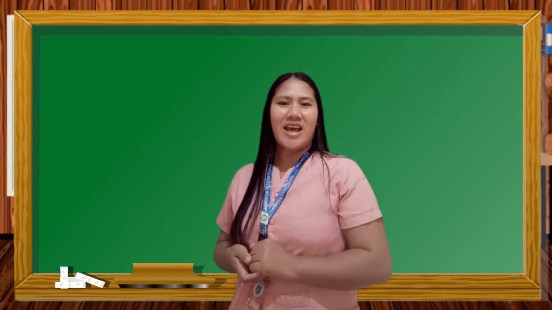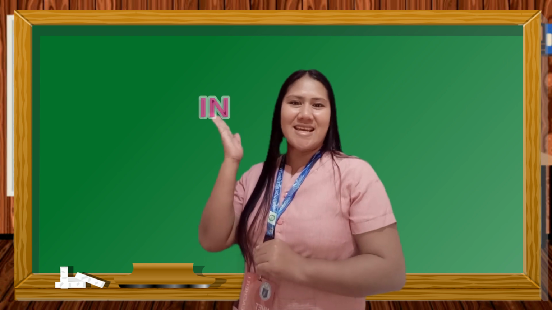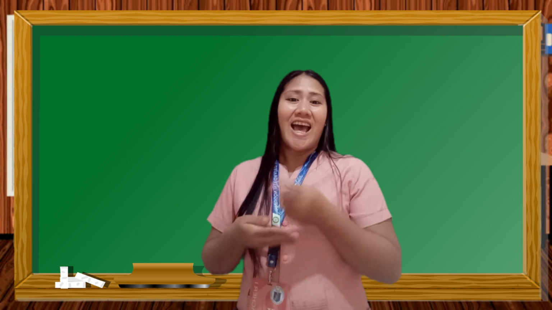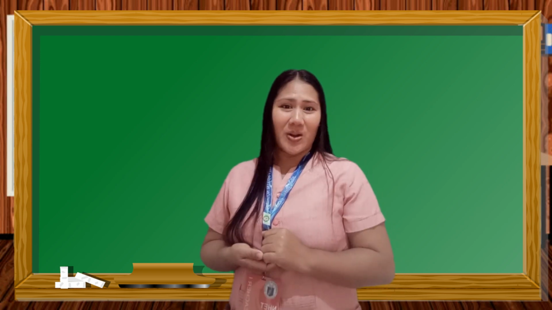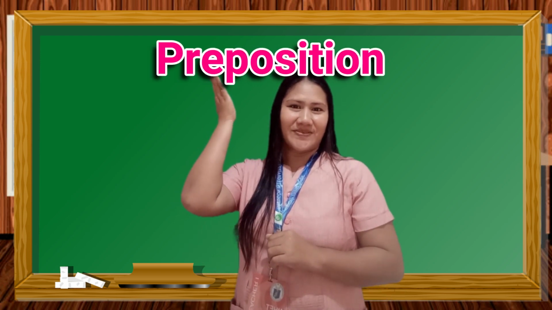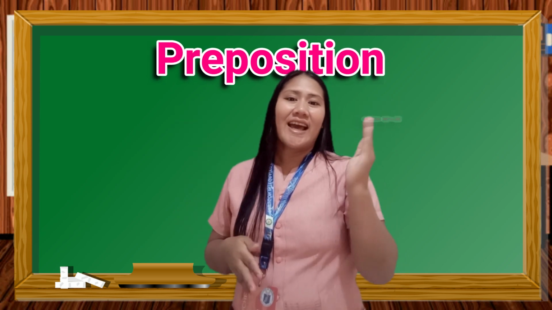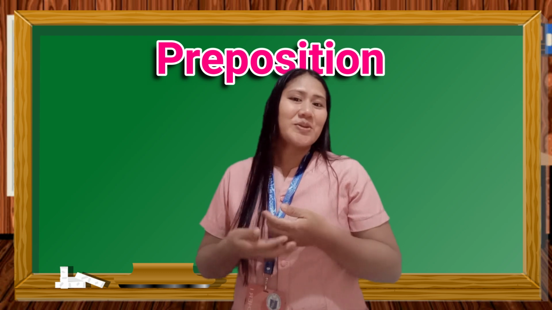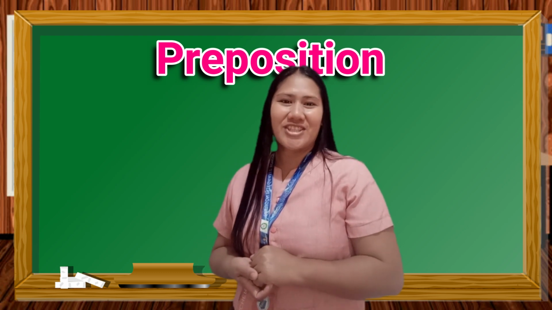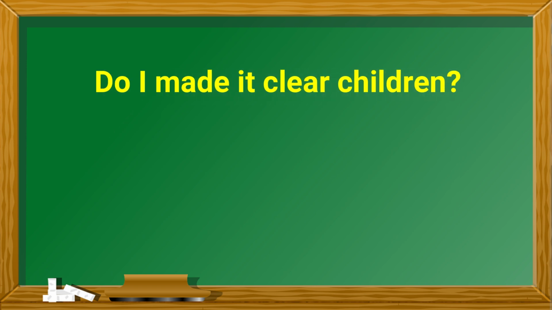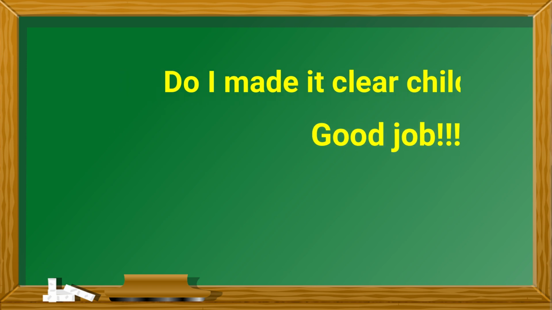Very good. We use the words in, on, and under, and that is what we call prepositions. The prepositions in, on, and under are used to locate an object. Did I make it clear, children? Good job!